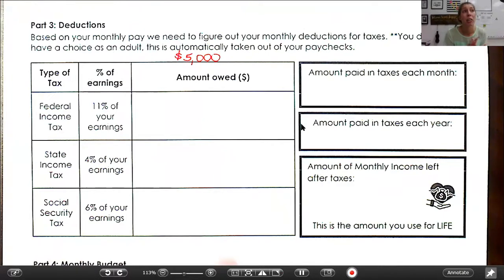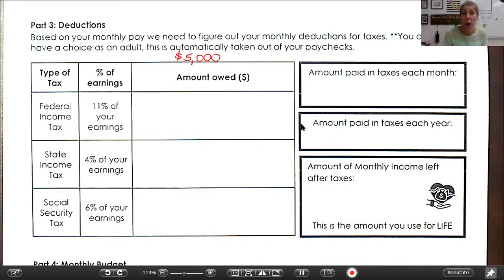When you sign up at your work, they have you fill out a form for your taxes, and it's automatic. Usually when you get that paycheck, and if it's physical, they're already gone. If you get your paychecks directly deposited, again, it's already gone. It's not one of those things where you get your paycheck and you take a little bit and pay. Like I said, it's already gone.